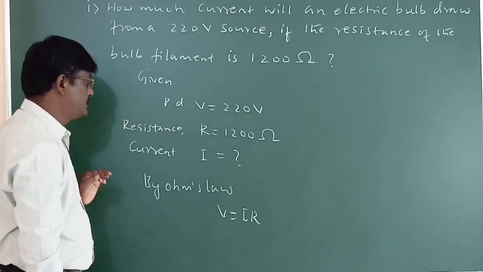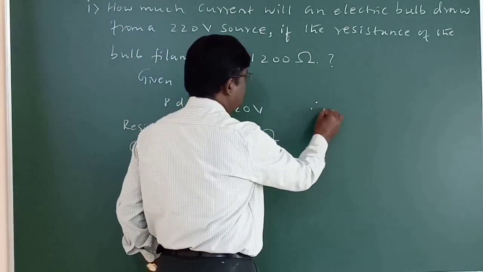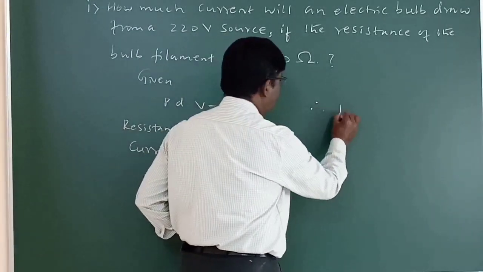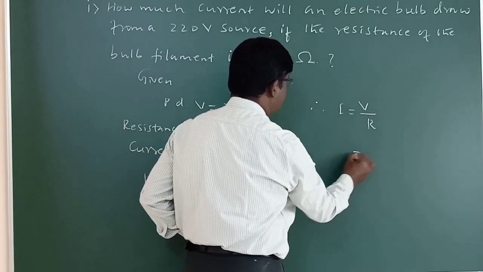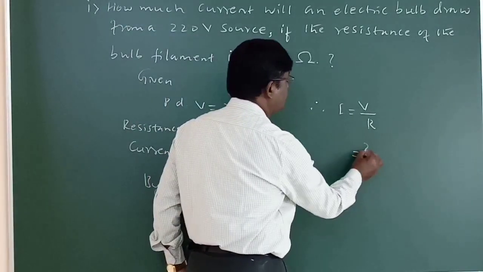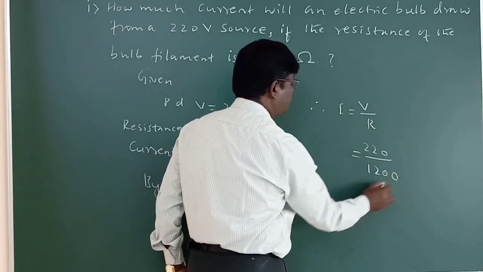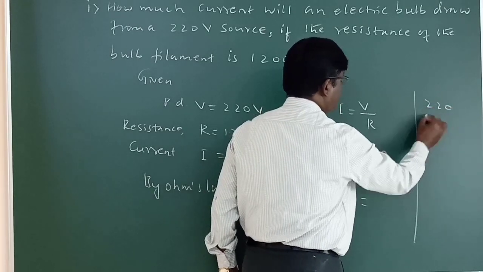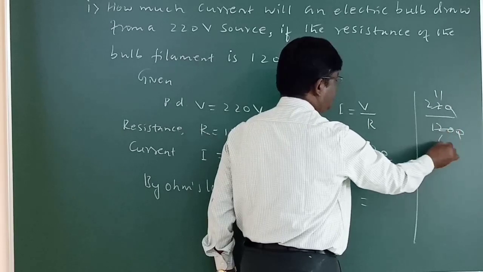Which is the unknown factor here? The unknown factor is I. Hence, I equals V by R. Let us substitute: V is 220 divided by 1200. Now come to the rough work: 220 by 1200, then 60.